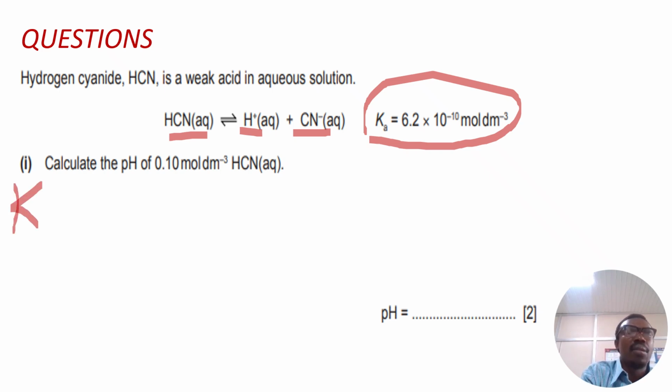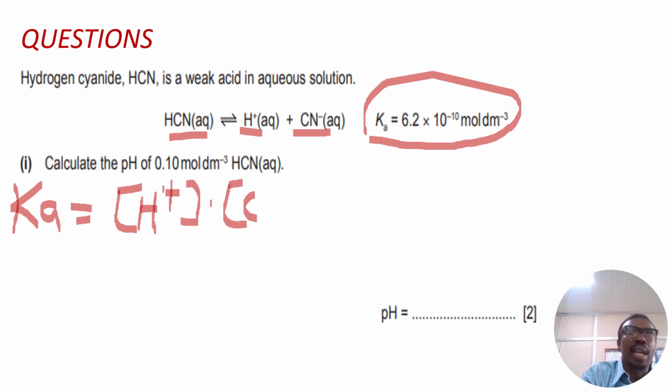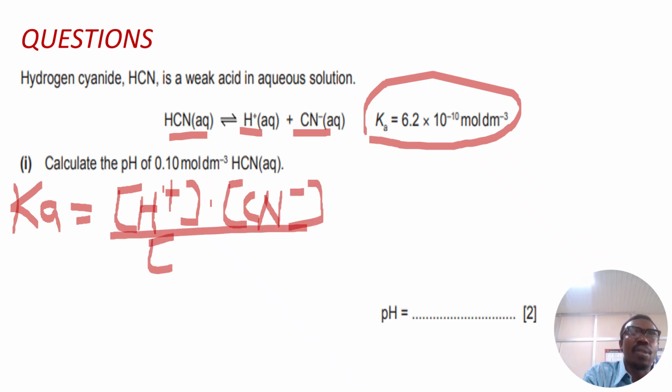Ka will be equal to the concentration of hydrogen ion multiplied by the concentration of cyanide ion, divided by the concentration of HCN.